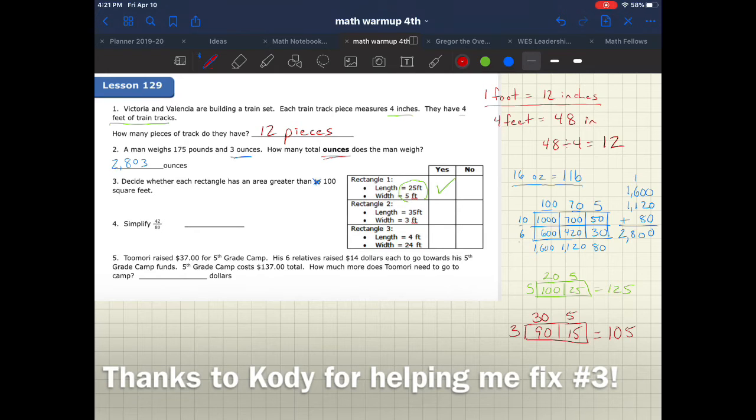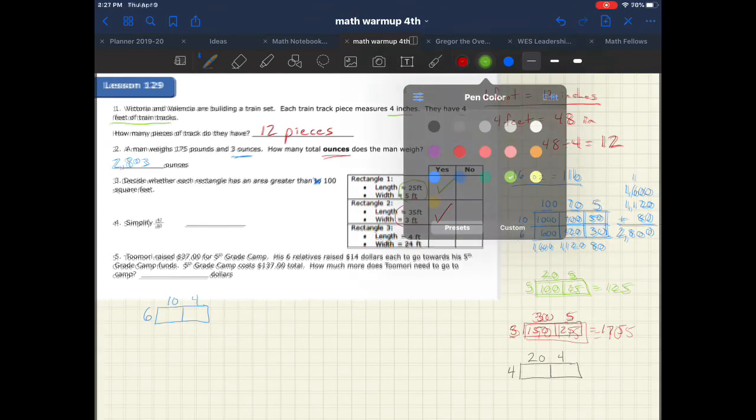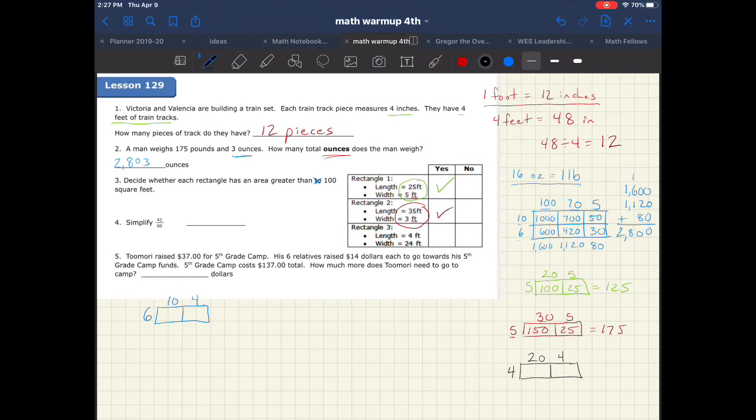Still, is it greater than 100? Yes, it is. And last, we've got 4 times 24. I set up my 24 and my 4. 20 times 4 is 80, 4 times 4 is 16, and that equals 96, which is almost 100, but not quite, so this one is less.